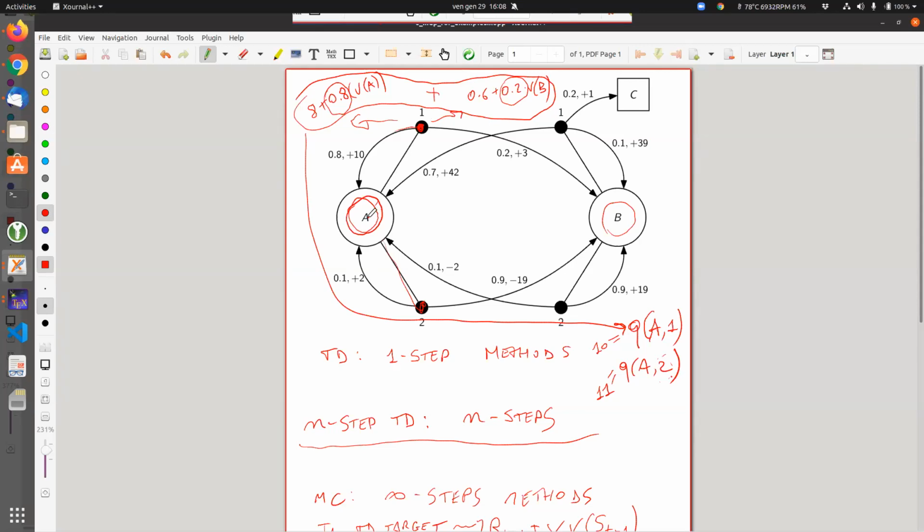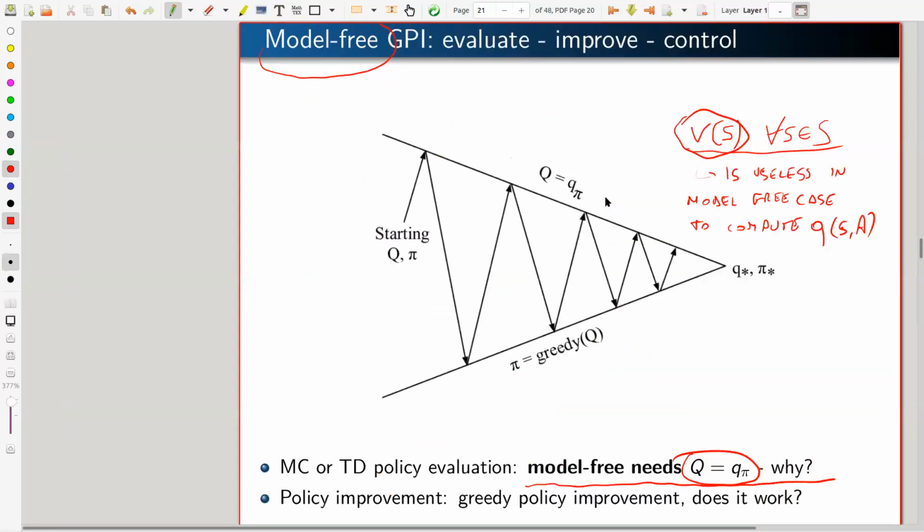The episode will not start from A, choosing a random action between the two. The episode will start from here, meaning that the first action is fixed. And then you will have an episode, you will take your final return, and then you will compute the empirical mean and so on. Everything is in the same exact way, okay?